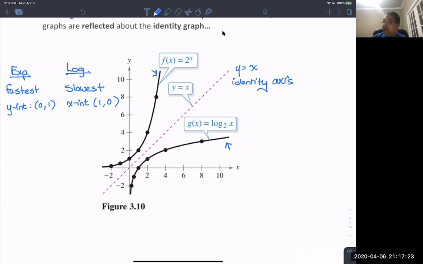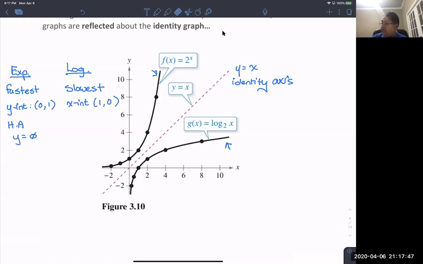Now, exponential graphs have a horizontal asymptote at y equals 0. That's because, remember, for example, 2 to the x, there's no exponent that gives me 0. So I can get really close to 0 on the exponential, but I cannot get to 0. So that has a horizontal asymptote. Well, we talked about its inverse.